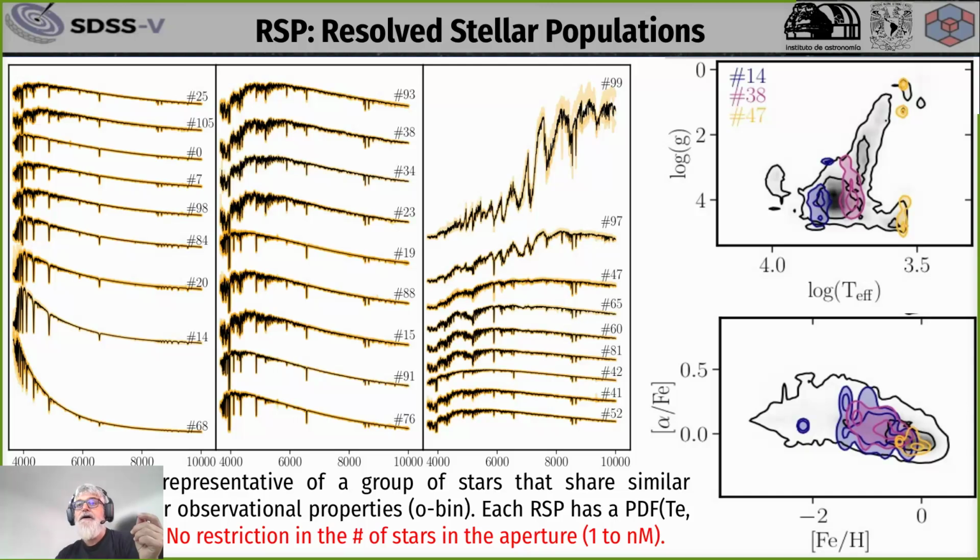instead of having that, we create a new concept: resolved or partially resolved stellar populations, which are spectra representative of a group of stars that are indistinguishable in the parameter space. I mean, basically in the observational parameter space, that is basically the spectra. So they have the same spectra, but they may have similar or different physical properties.